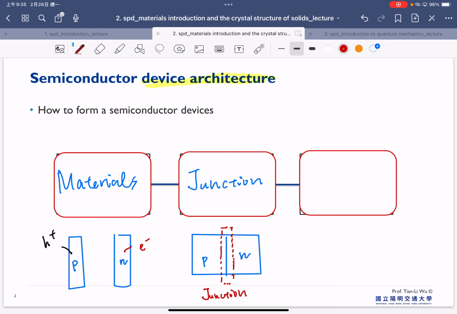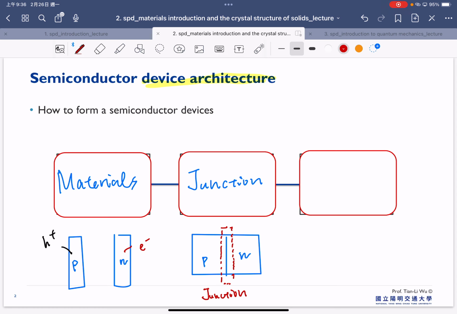The junction is a place that has a lot of physics, and sometimes chemistry also is involved, because right now we try to connect two different materials to each other. Once connected, the interface must have some change, and in the end this change will lead to different mechanisms in the overall system. So in the second part we will discuss what happens inside the junction.